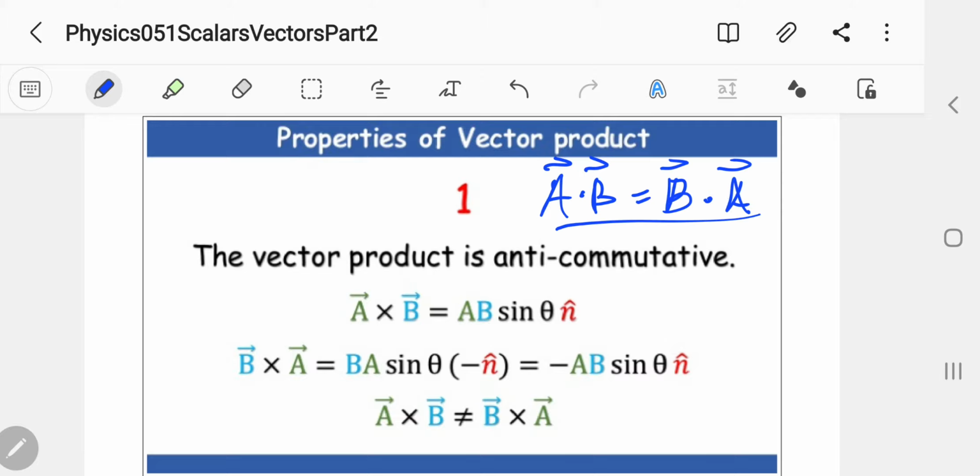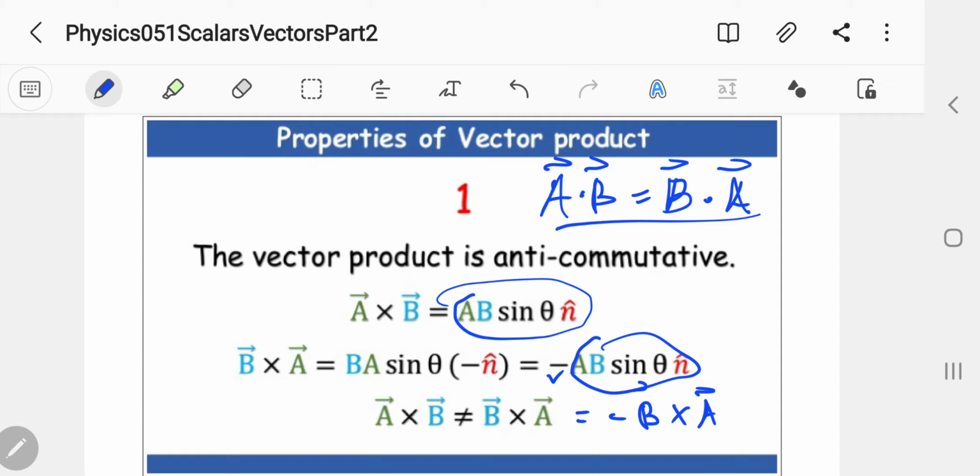But in the case of a vector product, A cross B is not equal to B cross A. This is equal to negative B cross A. As you can see, this is AB sine, this is AB sine, but it has a negative sign in front.